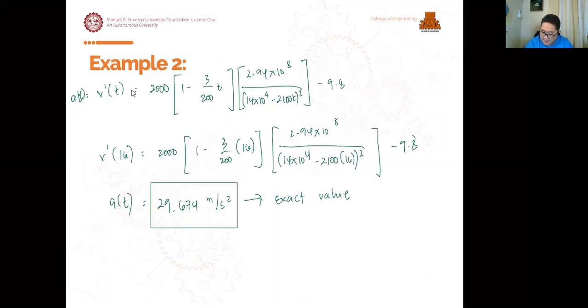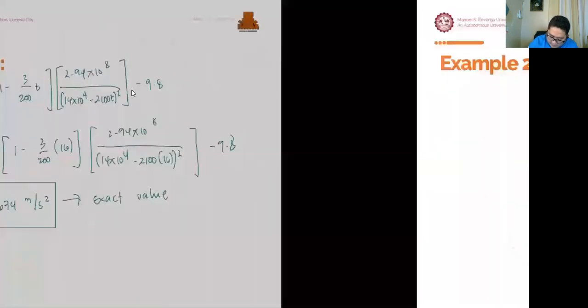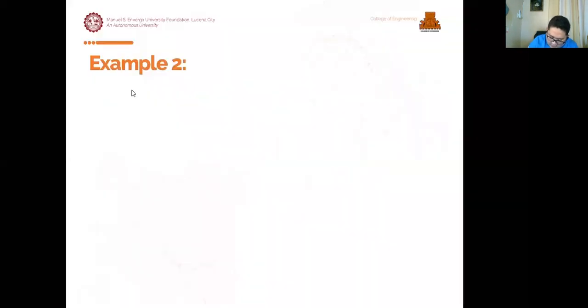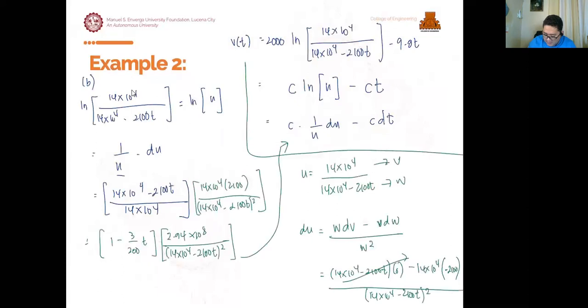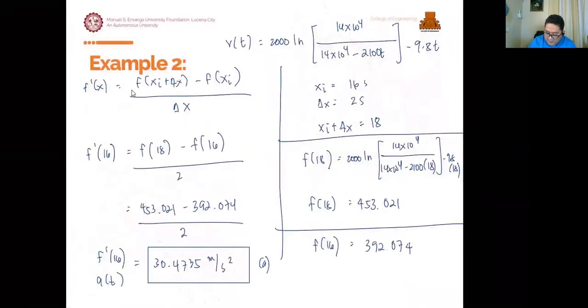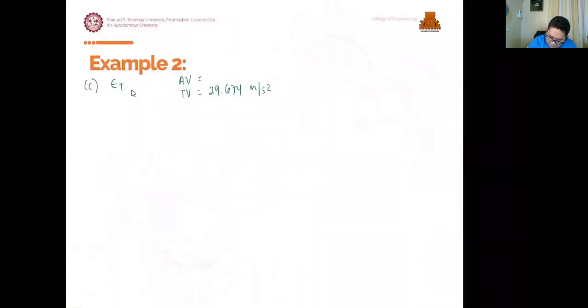Ngayon sa letter C, pinapahanap ngayon yung error. No? Sa letter C is yung relative true error natin. So, sa relative true error natin, kailangan natin yung approximate value tsaka yung true value. Again, true value is calculated as 29.674 meter per second squared. And yung approximate value natin based from A ay 30.4735. Okay?